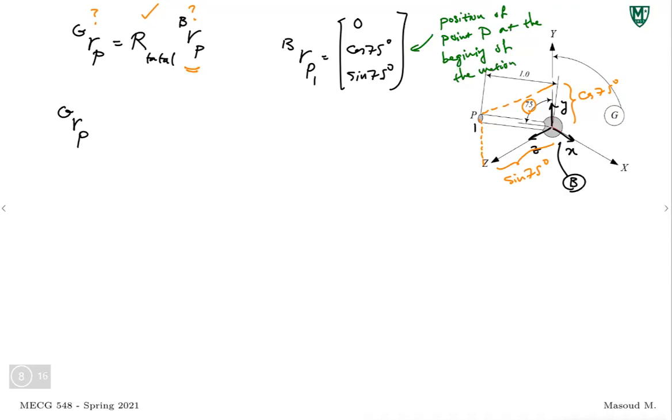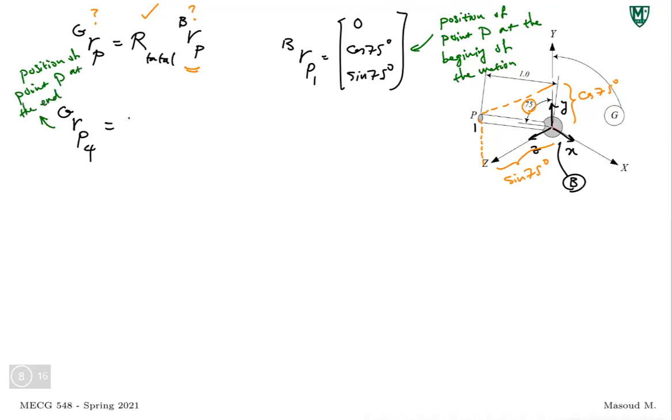Once we have that, then we have 3 rotations. So let's say P2, P3, P4. This would be the position of point P at the end of the motion.